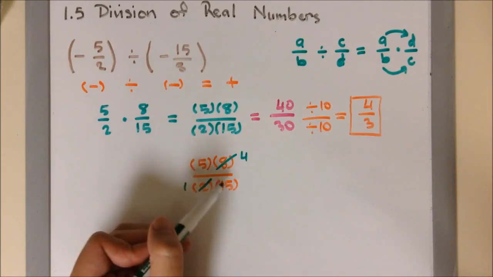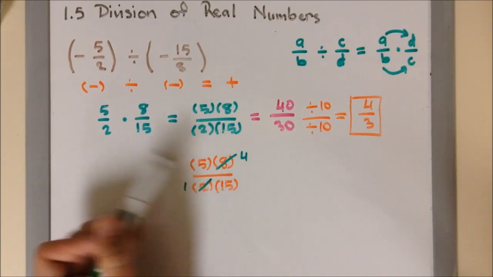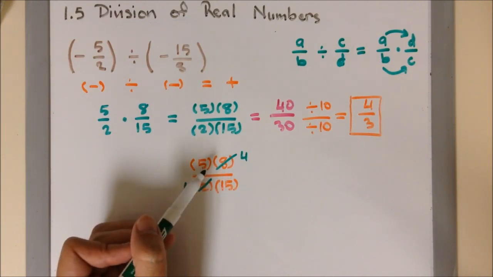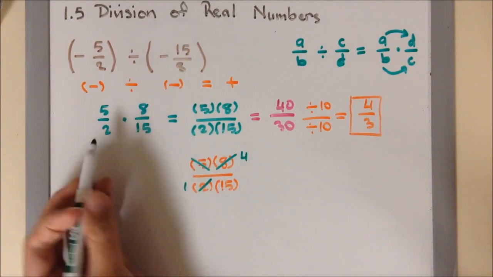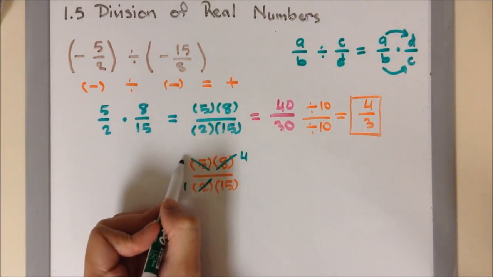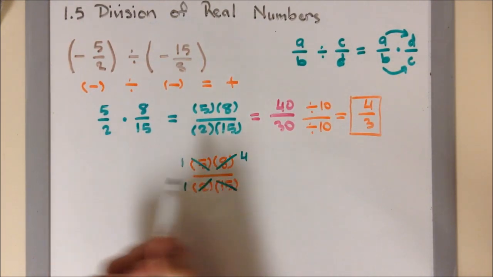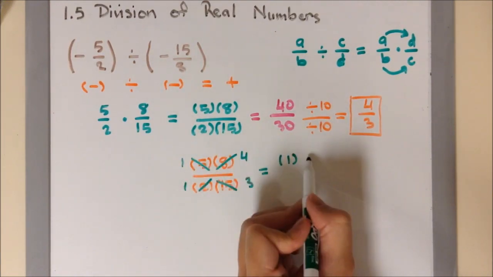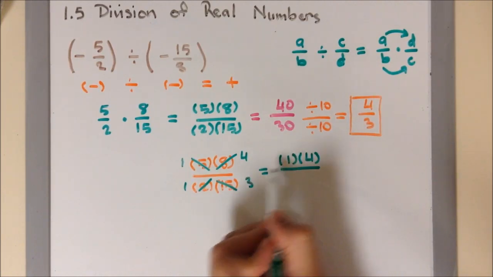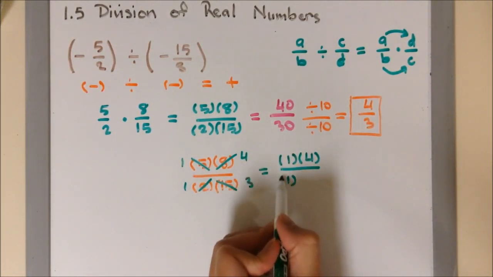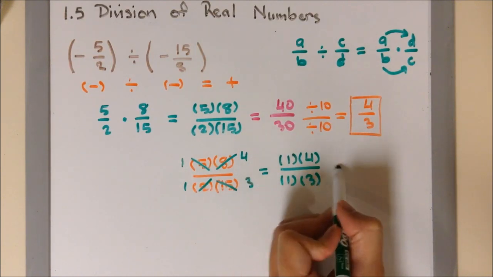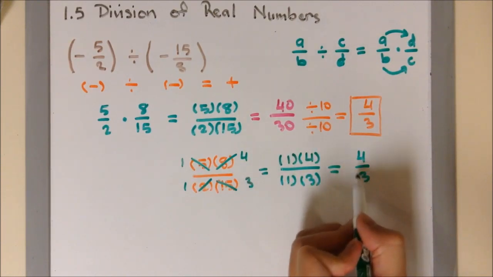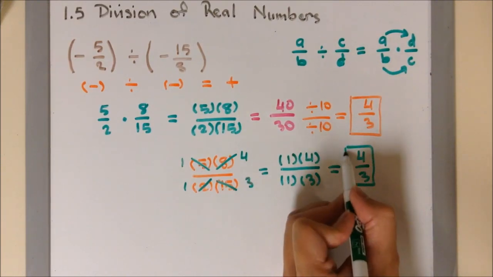Next, if there's anything else in common, besides the ones that I simplified, 5 and 15, they have something in common, they both can be divided by 5. So, on my numerator, 5 divided by 5, that's 1, 15 divided by 5, that's 3. So, I have the 1 from there, the 4 from here, the 1, the 3. 1 times 4, 4, 1 times 3, 3, and then there's our final answer.